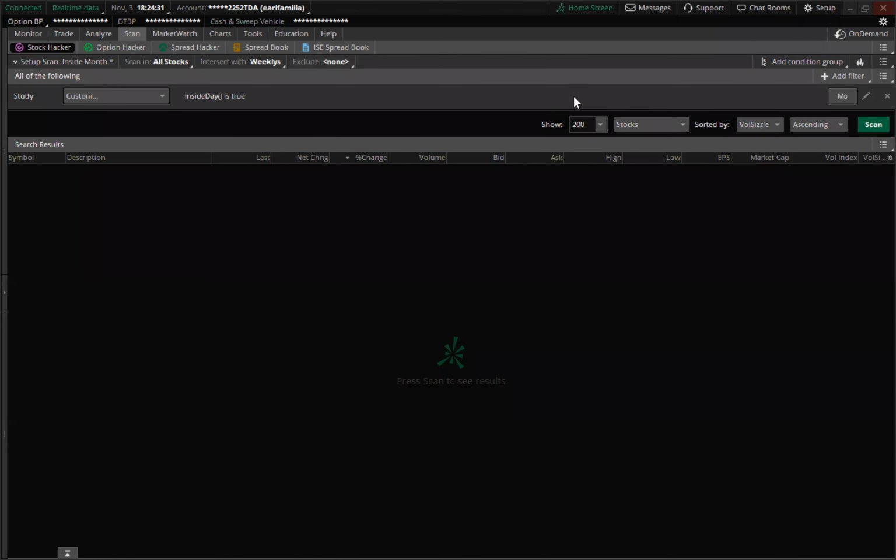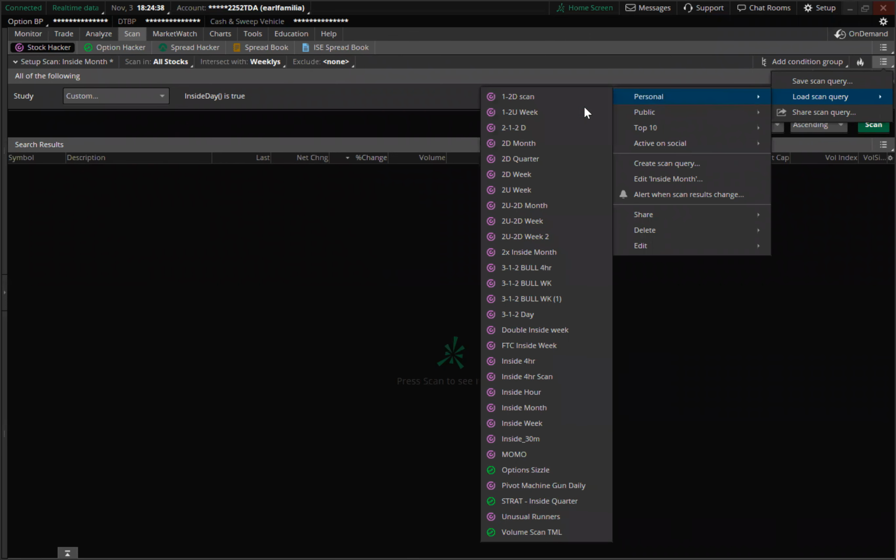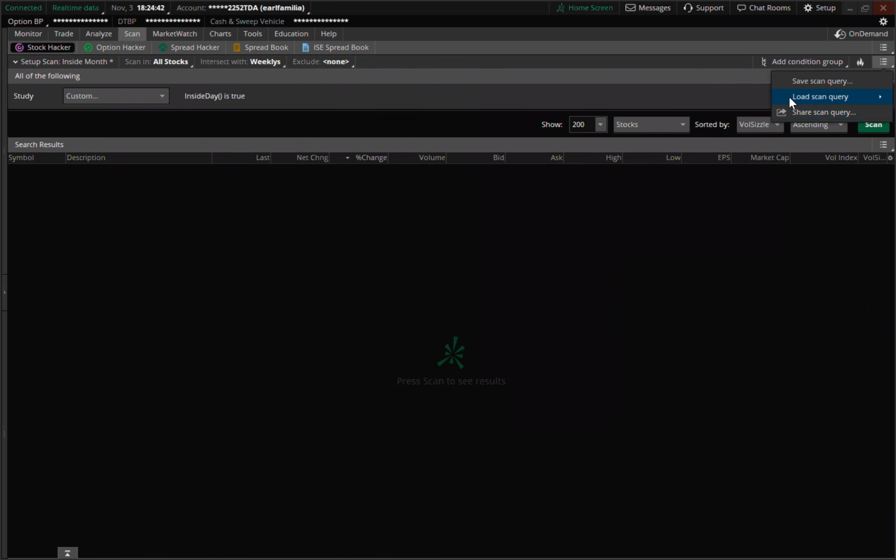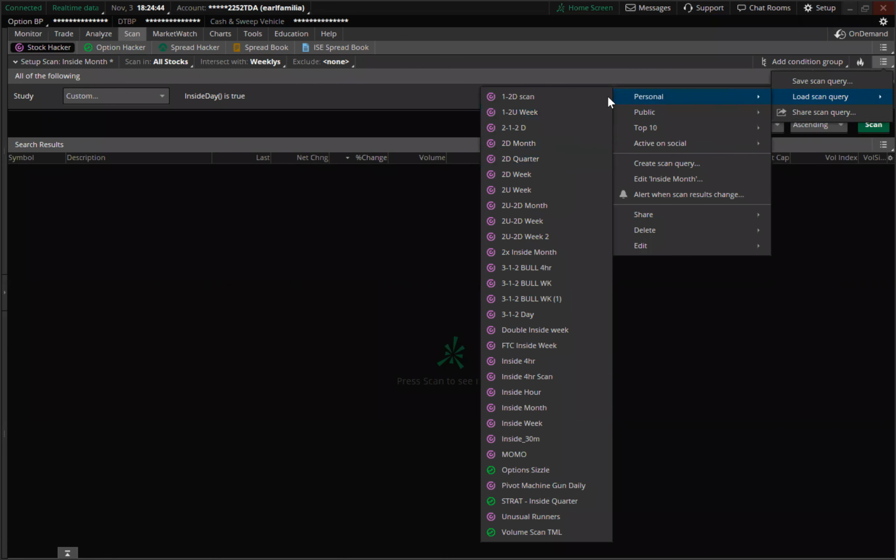I'm going to run an inside 4-hour scan. And what I'm looking for here is setups that I could potentially take, not so much for a scalp, but something I could stay in for a longer period of time. I don't want to give it a defined time period, but the morning session is usually something I'm monitoring on these entries.